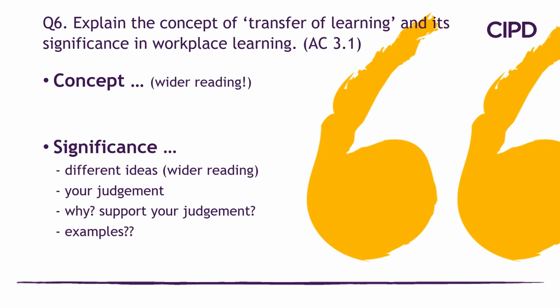You could exemplify what you mean by good transfer of learning, and maybe where transfer doesn't take place, you might have examples of that. So you're talking here quite theoretically about the concept, using reference to some wider reading and examples to bring your thinking to life, to show that you understand that concept and its significance to a workplace context. So that's question 6, which meets assessment criteria 3.1.